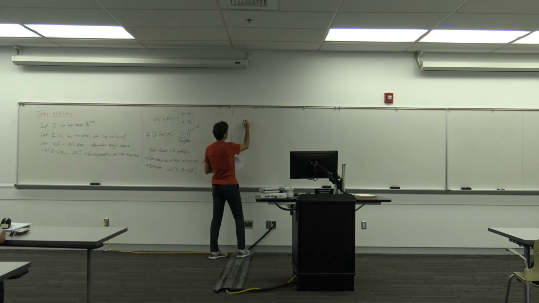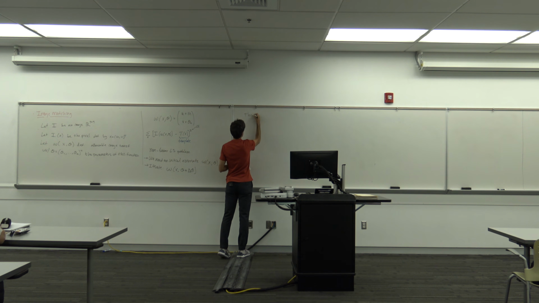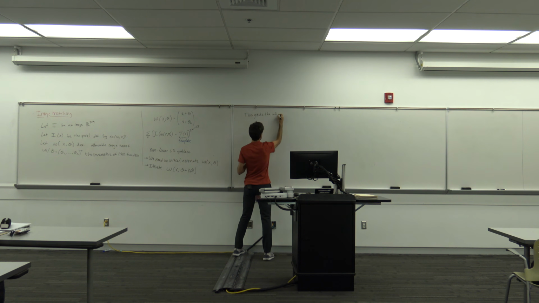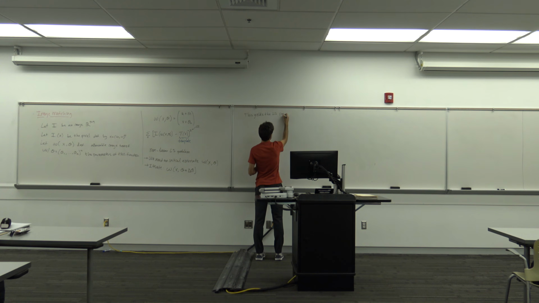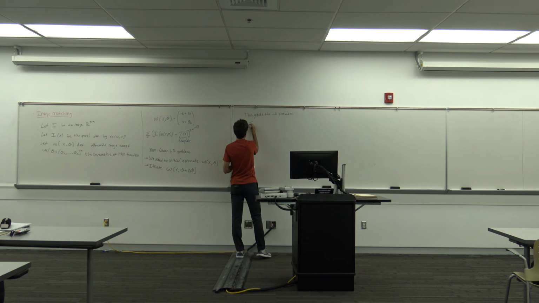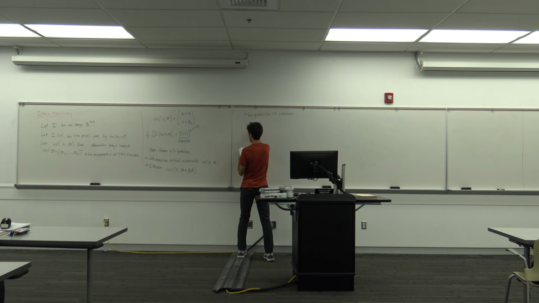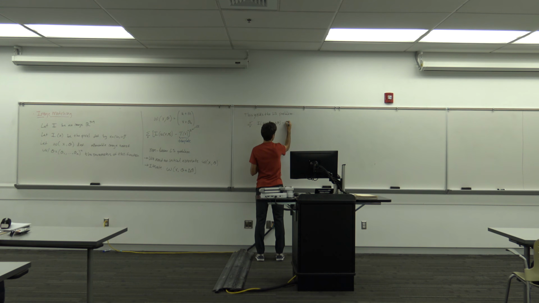So this yields the following least squares problem. I sum over all the possible pixels that I have in my image of I, W, theta plus increment of theta minus the template image squared, because it's least squares.